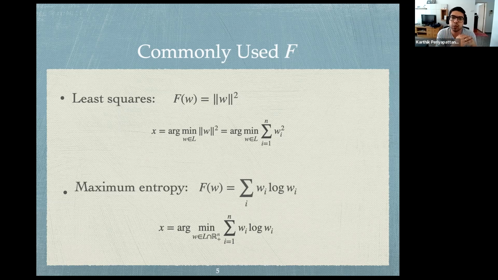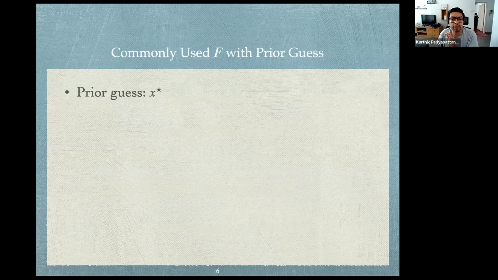Now, in some instances, there is some prior knowledge about the vector that we are searching for. The vector that we are searching for, remember, is x. But there may be some prior information about it, and that can be represented through a prior guess. So let's say we have a prior guess x star for what this x should be. But now, because we have some additional measurements in the form of AW equal to B, this x star may not satisfy those measurements.